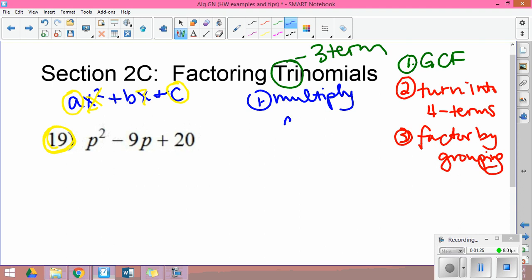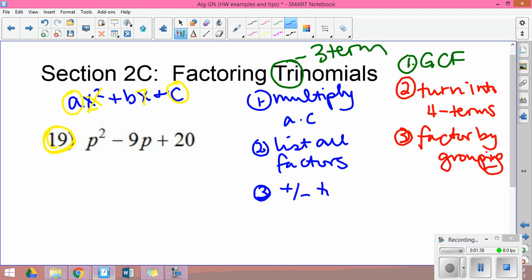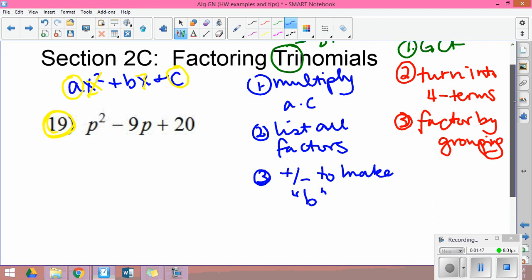So we're going to multiply a times c. Then list all the factors of that product. Then add or subtract to make the b value, the middle term. So that's kind of in the generic term.